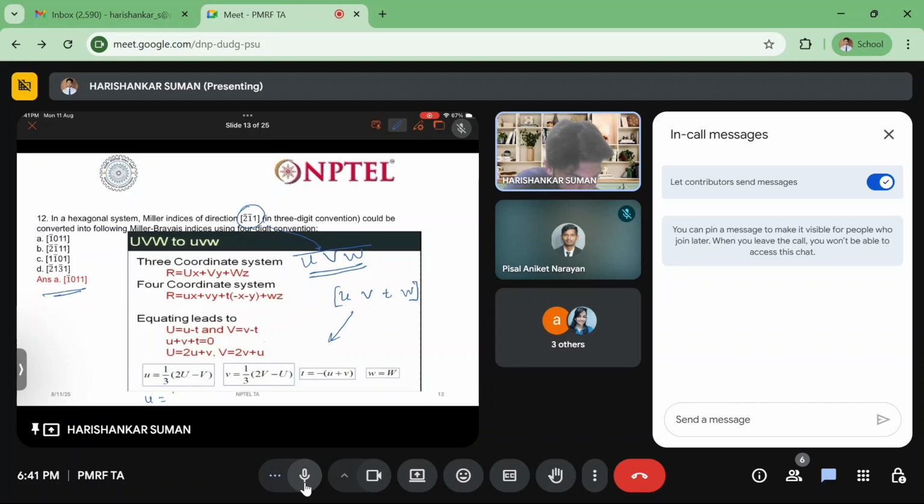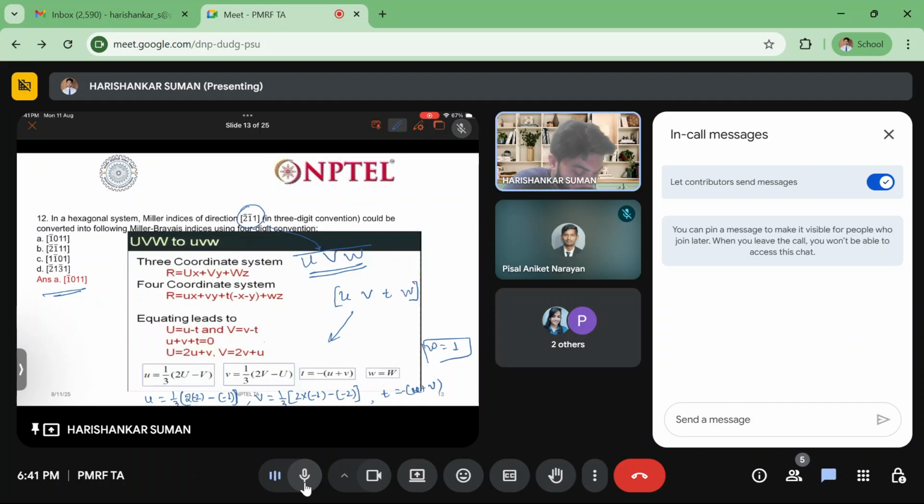Let me put U equals 1 over 3, 2 times U minus V, which is 2 times minus 2 minus minus 1. For V, 1 over 3, 2 times V minus U. T equals minus (U plus V), and W equals W, which is 1.